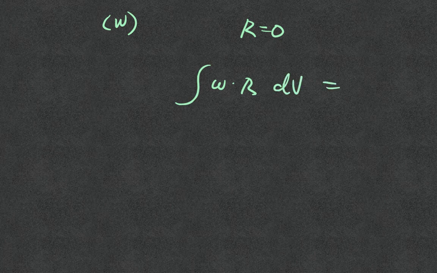If I say that R equals 0 everywhere, that is actually a strong form. Now if I don't know whether R is equal to 0, I was simply saying that the dot product of R with a lot of functions W, over integration, is equal to 0. Does that imply R equals 0? It doesn't imply R equals 0.